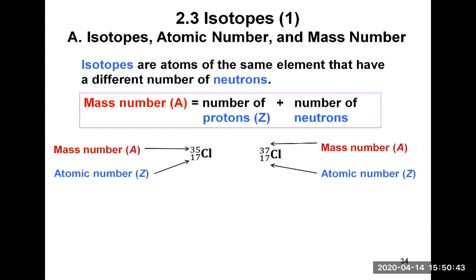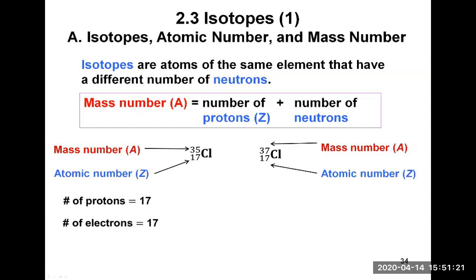And so to obtain the number of neutrons from this, you will take the number of protons. So we know it's 17 from the atomic number. And the number of electrons, because it's a neutral isotope here, so it's also 17. Remember how protons are positively charged, electrons are negatively charged, and if we have as many protons as we have electrons, then the isotope will be neutral.